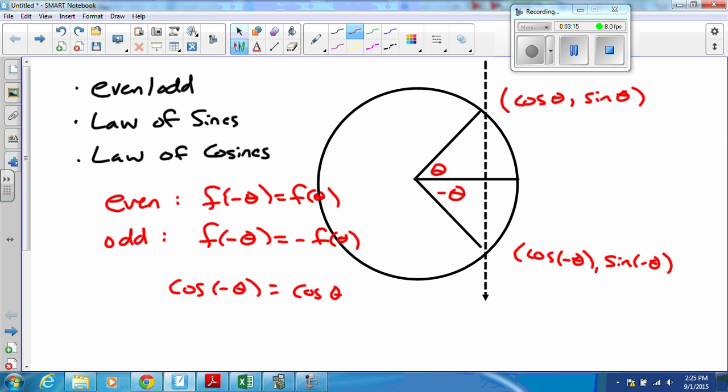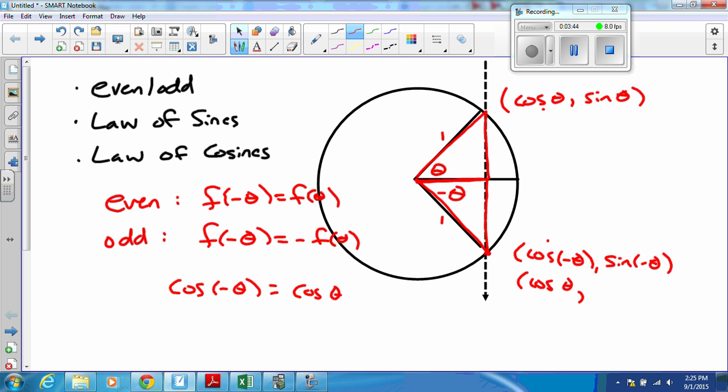And the proof for that is very simple. Because these two angles are congruent, theta and negative theta, and because the hypotenuse of each of these is 1, therefore by hypotenuse angle, these two triangles are congruent, and therefore the length right here, which is the x-coordinate, cosine theta, has to be equal.